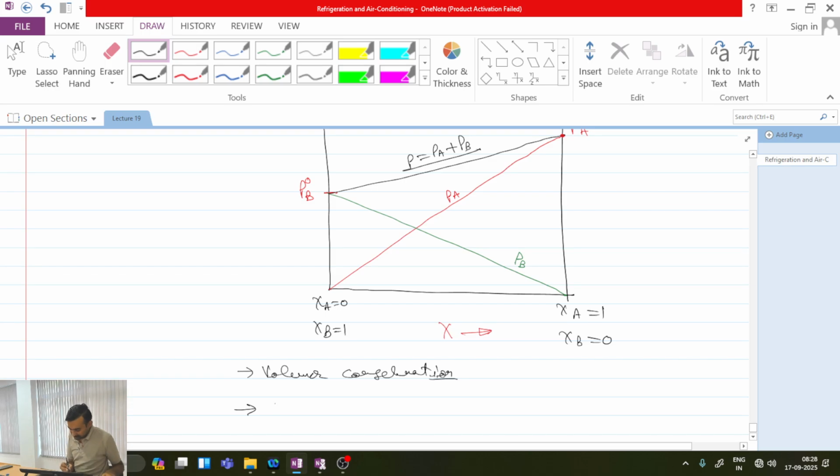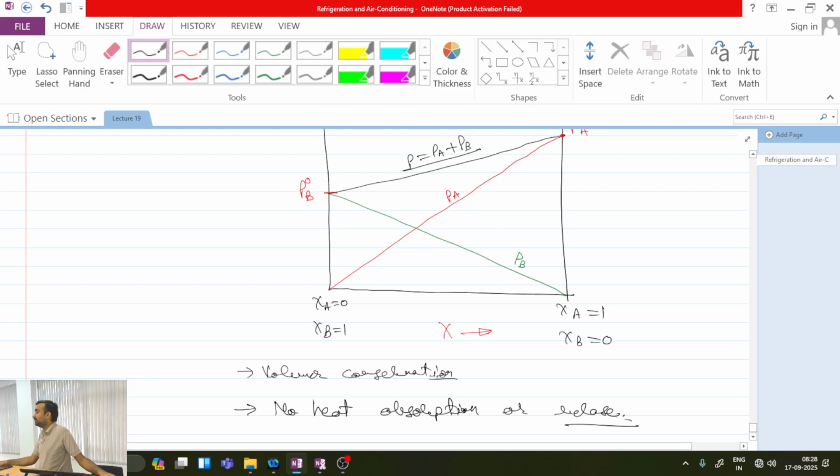So it means this type of mixture does not involve any heat absorption or release. If there is no absorption or release of heat, then the final temperature of the mixture will remain the same, and in order to form the mixture we need not invest any energy.